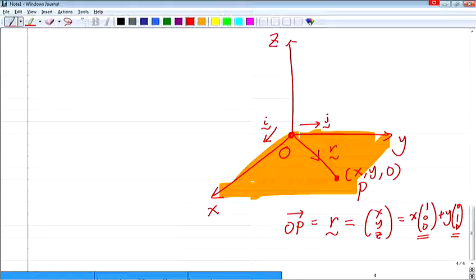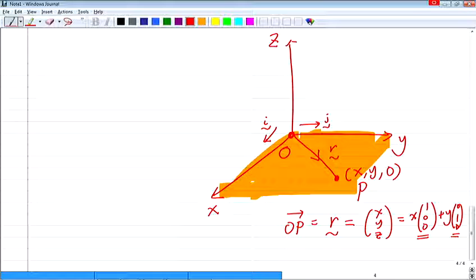Remember, if you talk about the direction vector of a line, the direction vector must be parallel to the line. So when it comes to a plane, the direction vector must of course be parallel to the plane. Hopefully from the diagram, you can see that i is parallel to the plane, and j is also parallel to the plane. So i and j can be considered as the direction vectors of the plane.